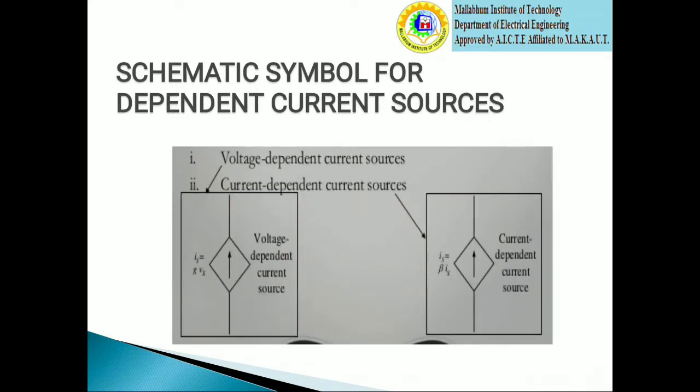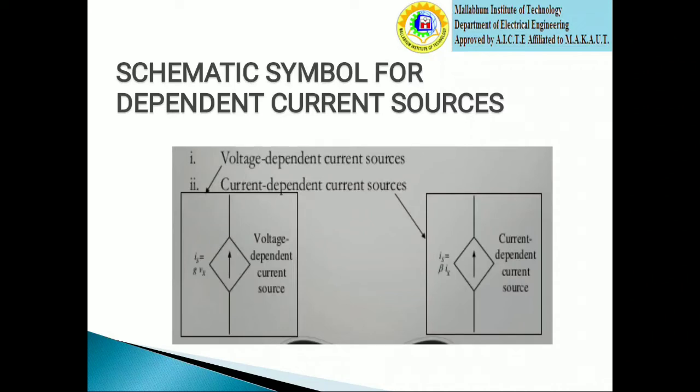These are the schematic symbols for dependent current sources. The first one represents the voltage dependent current source, expressed by Is = gamma times Vx. This Vx is a variable quantity, that is why it is voltage dependent.